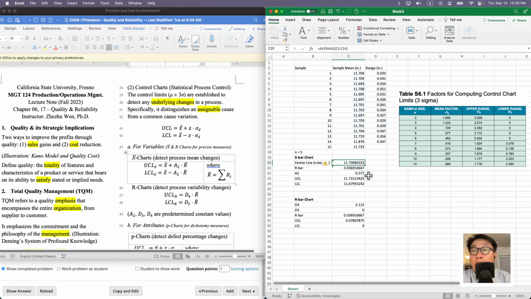The X bar is normal, so the process mean has not changed, but in some cases your range can look like this. And this range is atypical compared to the rest of the ranges. It's also outside of the control limit.